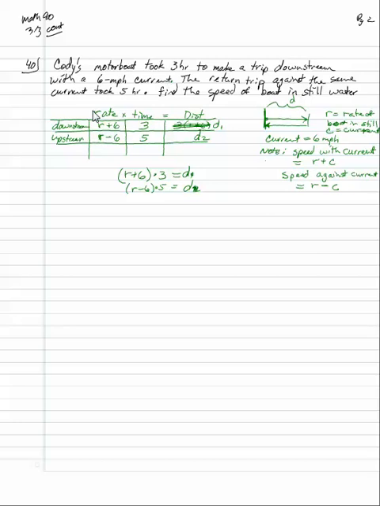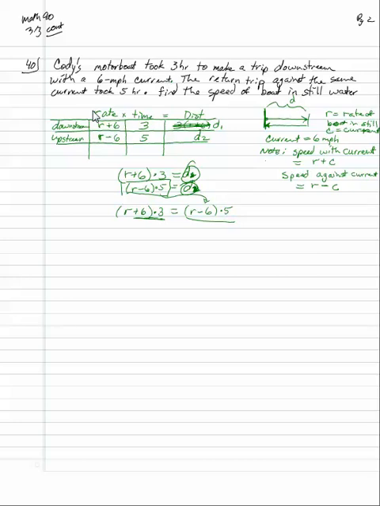Alright, so how do I want to solve this? Substitution or elimination. This one I'm going to do substitution because I got it solved for D. So I'm going to take this D, R minus 6 times 5, and plug it in to the top equation.